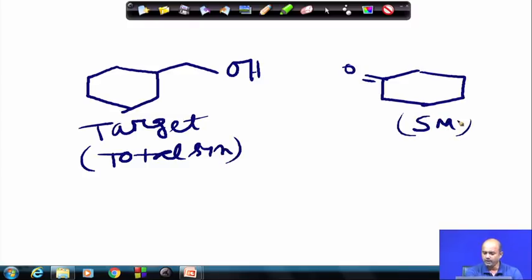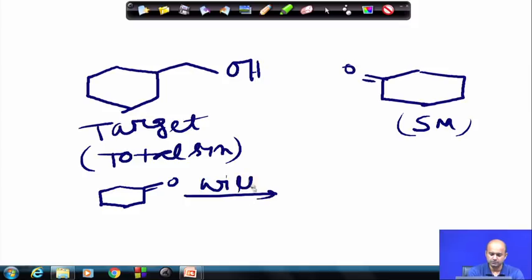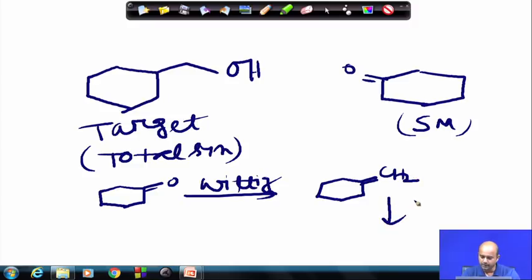Now, if you correlate what reactions you need, you will be using a Wittig reaction first to convert this compound to this cyclohexene, and then you do a hydroboration reaction to get this target molecule.